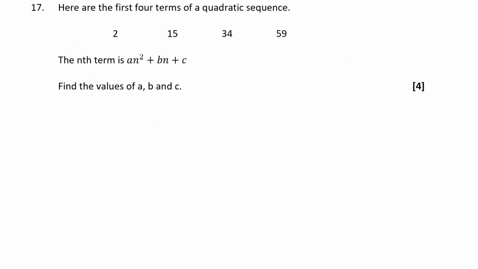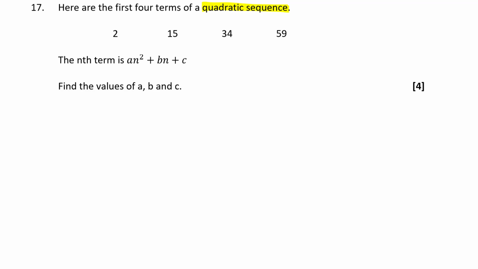Question 17. Here are the first 4 terms of a quadratic sequence. I've got 2, 15, 34 and 59. The nth term is a n squared plus b n plus c. Find the values of a, b and c. With quadratic sequences, it is the second difference that you're interested in.